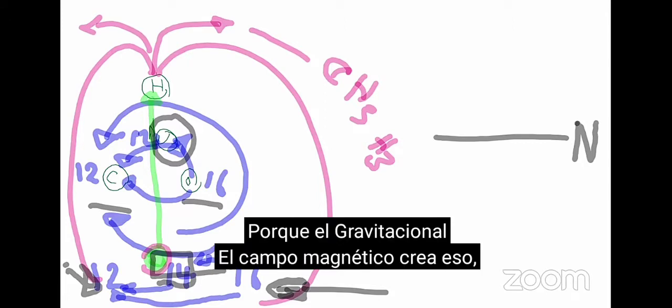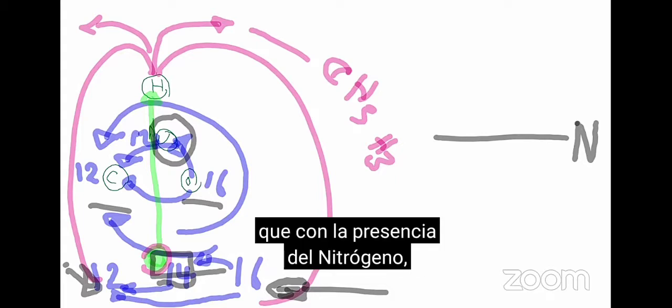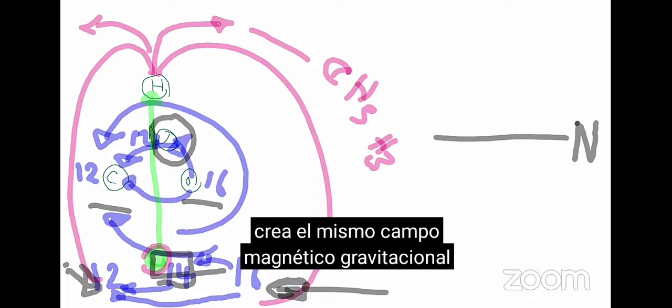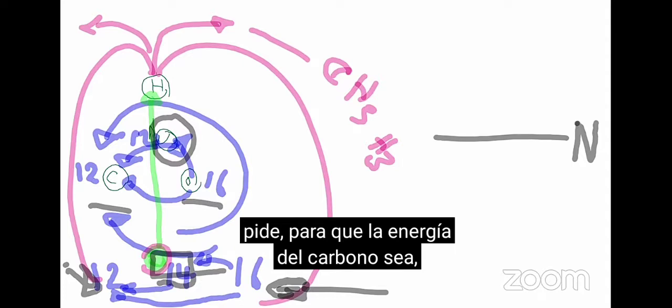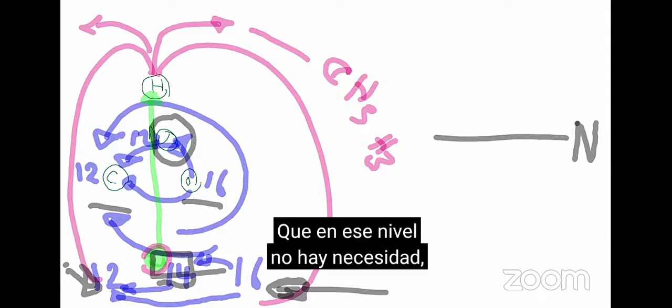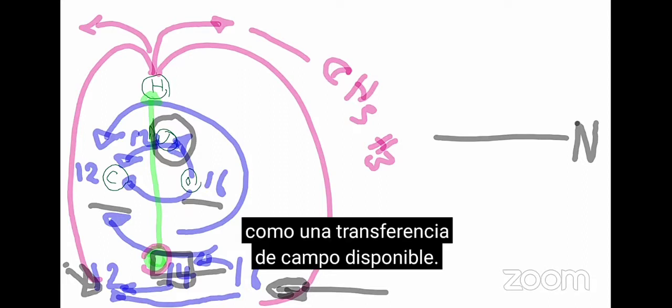Because the gravitational magnetic field creates that structure that you create in your CO2 box, which with the presence of the nitrogen creates the same gravitational magnetic field plus the gravitational field of the earth that calls in for the energy of the carbon, enforcing the condition on the nitrogen inside, which at that level has no strength for the oxygen to be available as a field transfer.